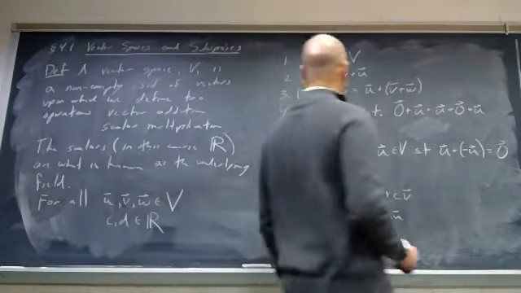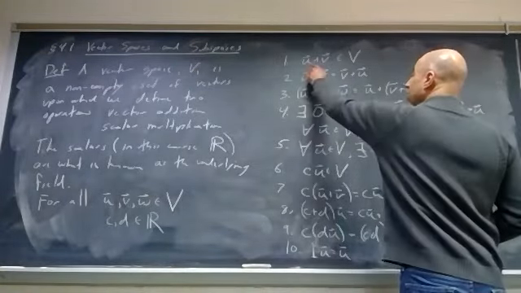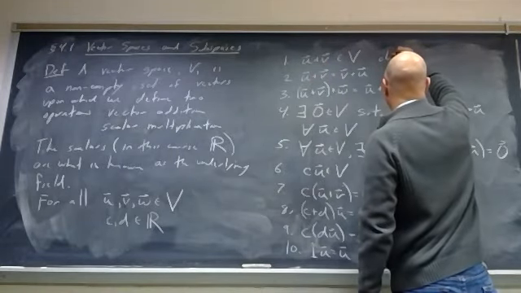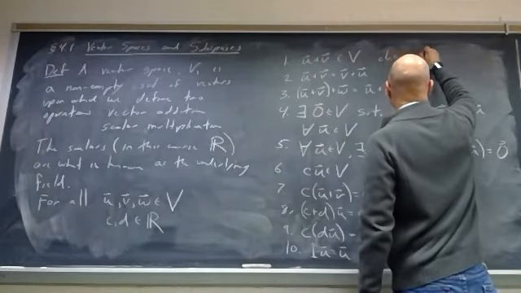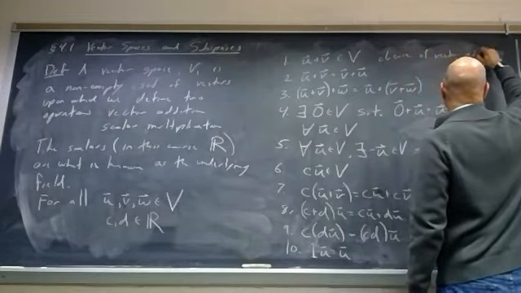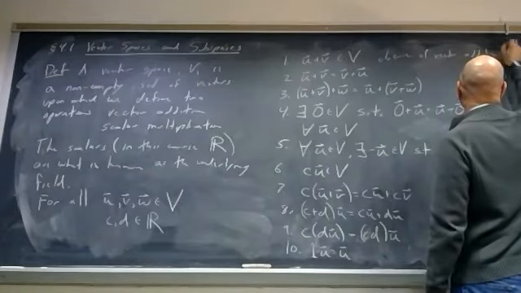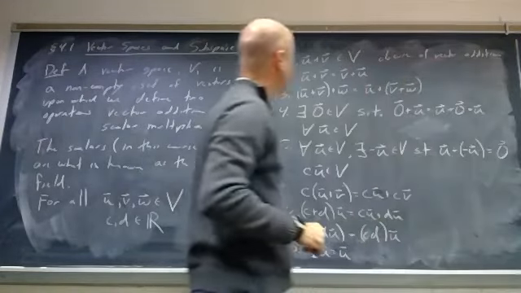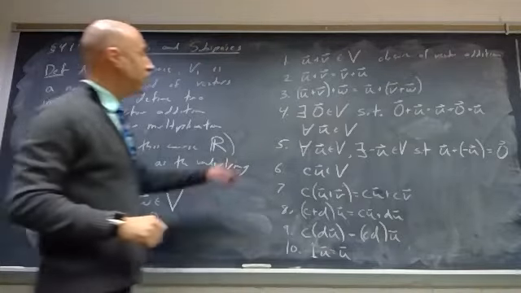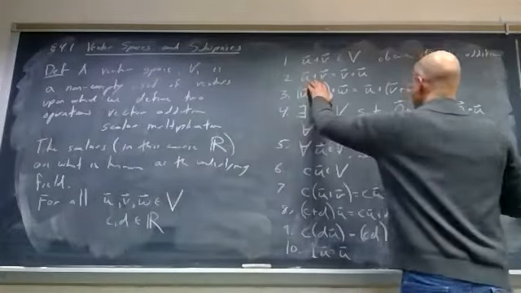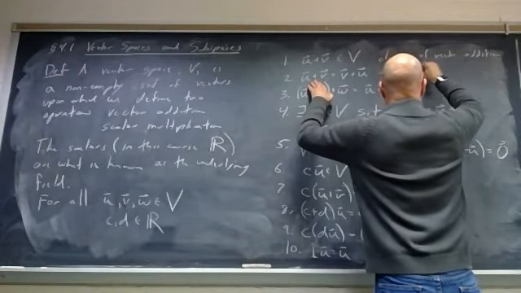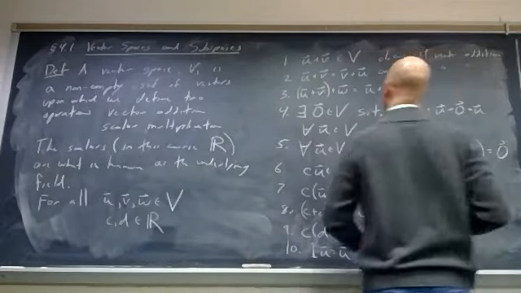And a lot of these have names. We call this closure of vector addition. And we call this commutativity of vector addition.